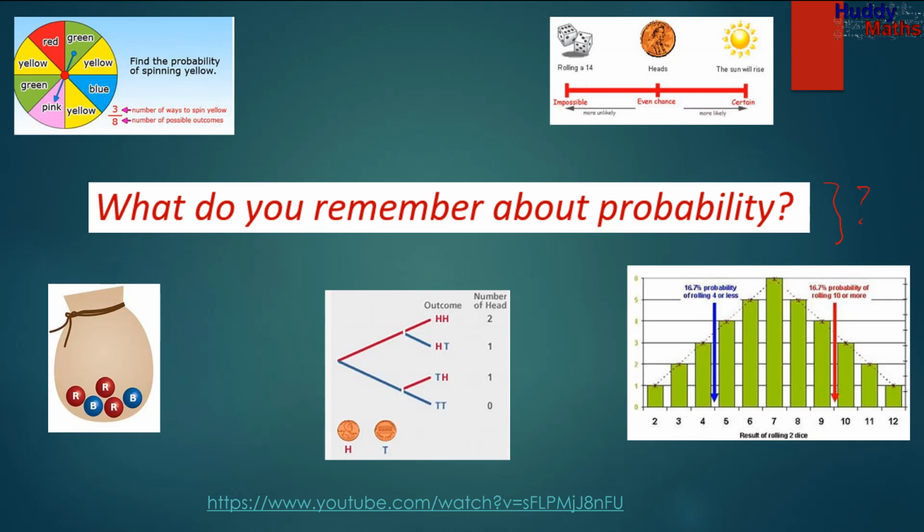Well, let's go back up the top here to the little spinner. That was on the first screen in the first video on probability, and we counted up all the yellow possibilities here, all three of them, and we said we had a chance of 3 out of 8 of that spinner landing on a yellow. 3 out of 8 because there were 8 different possibilities there.